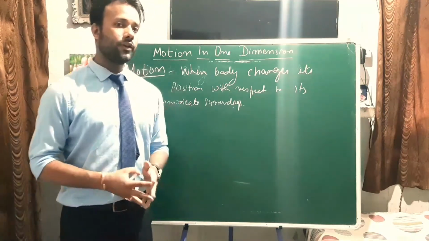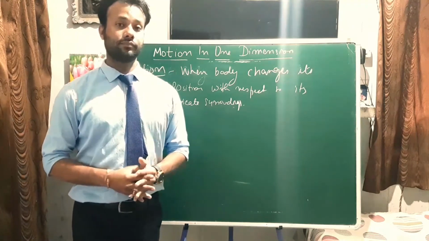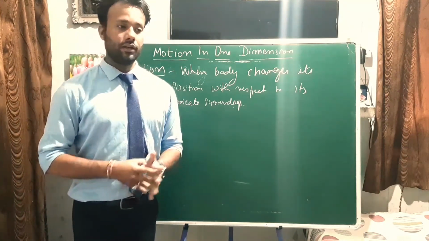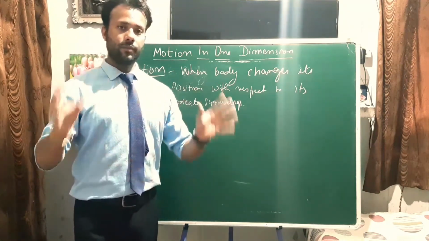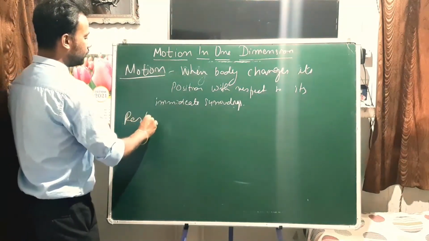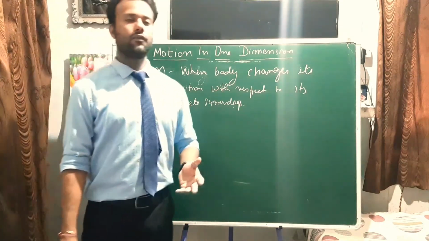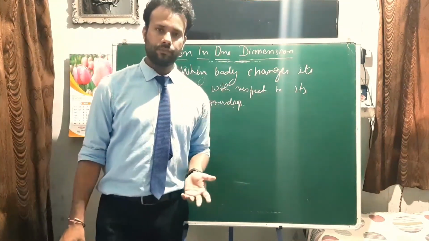What will rest be then? Again, it depends upon your surroundings, your observer or the frame of reference, right? So similarly, rest is also a relative quantity, depends upon the observer, right?